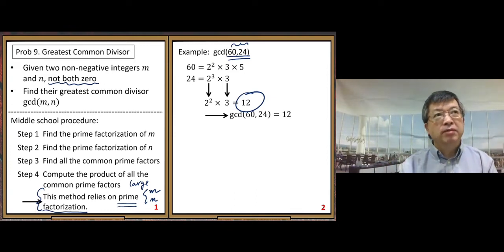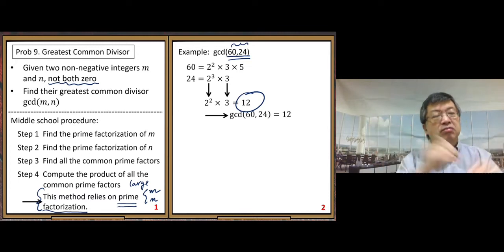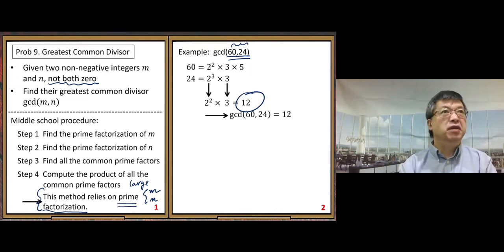Each number could have several thousand digits. Then it is extremely hard to do prime factorization. No matter how powerful your computer is, you need several years.